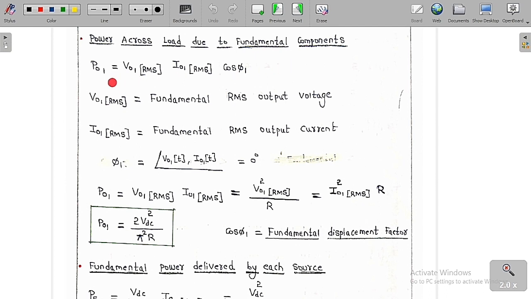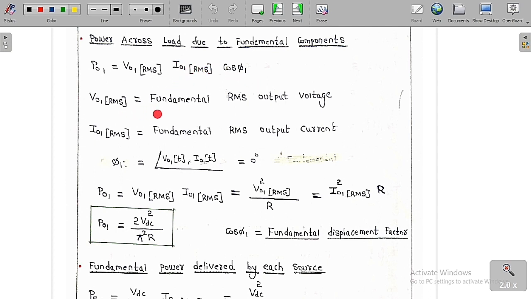The power due to the fundamental components is V01 RMS into I01 RMS into cos phi 1. That means the RMS value of the fundamental component of the output voltage, into the RMS value of the fundamental component of the output current, into the cosine of the phase angle between them.